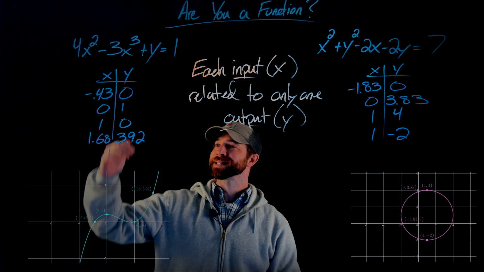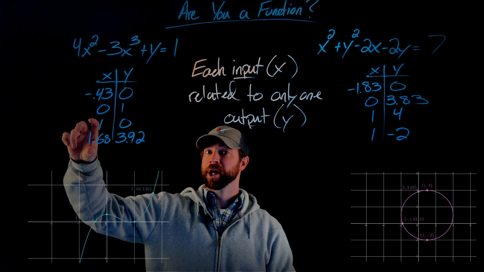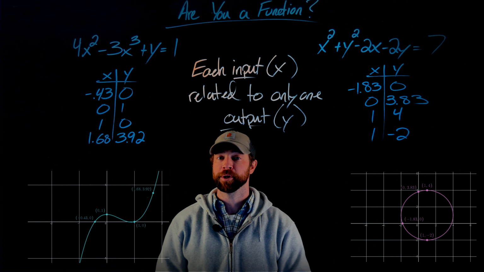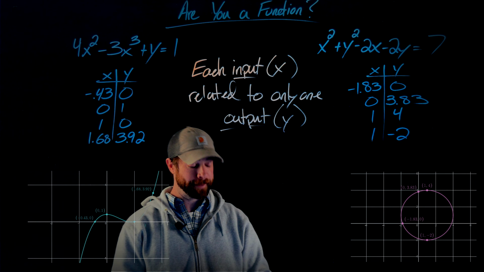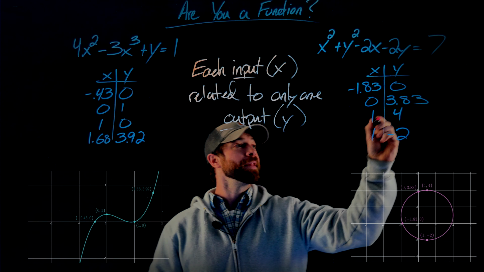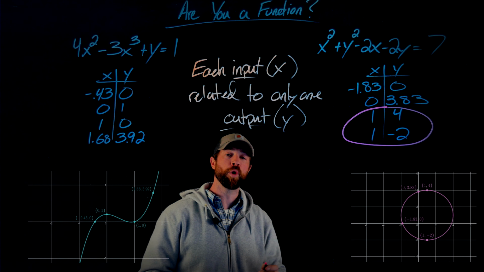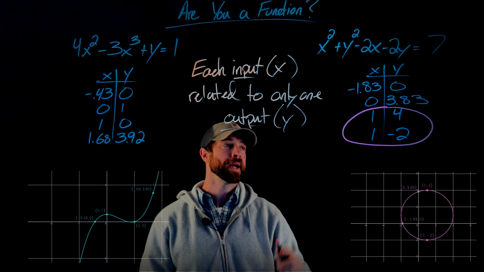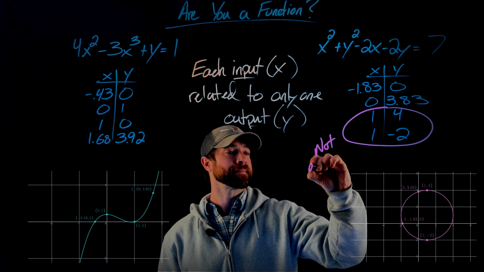As we look through this list, at no point is there an x value that's doubled up and related to two different outputs, though you can see over here that is actually occurring. In this table, the input of 1 is being related to both 4 and to -2. That means this is not a function.